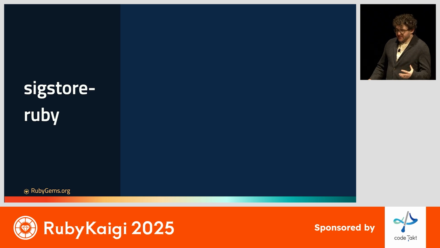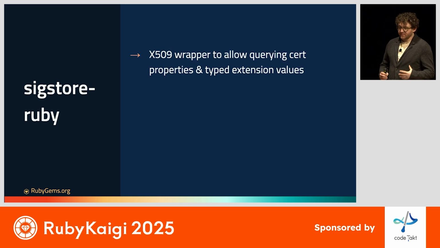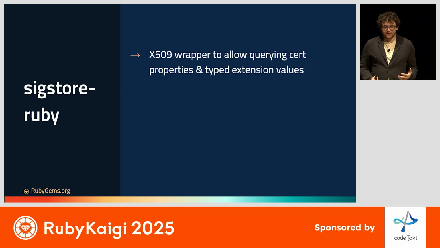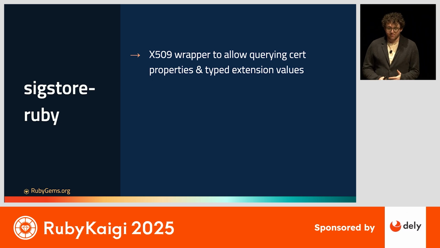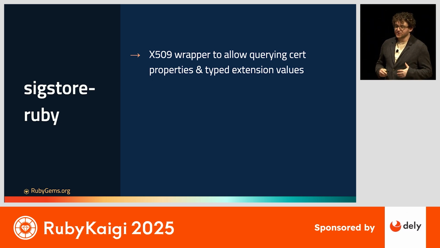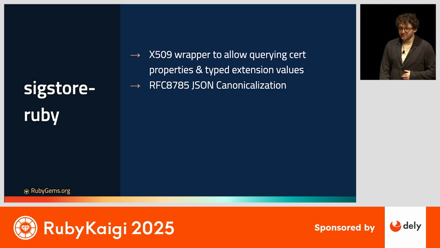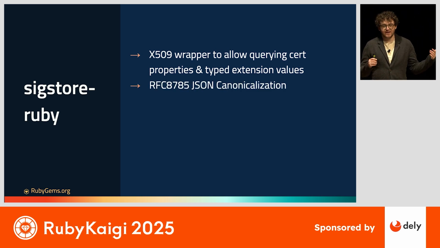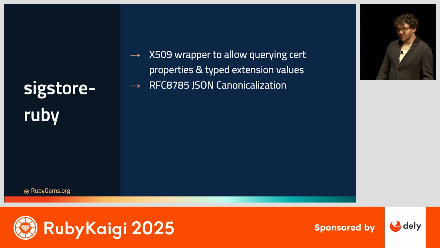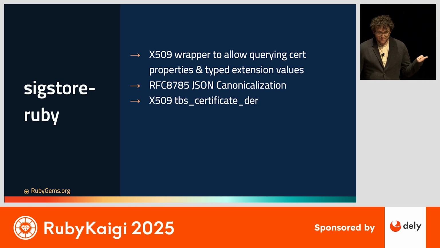So inside of sigstore-ruby itself, we also implemented an X509 wrapper to allow querying certificate properties and typed extension values, implemented RFC 8785 JSON canonicalization. As I said, there's multiple JSON canonicalizations. This is one of them.